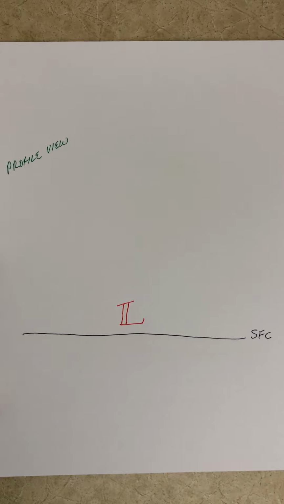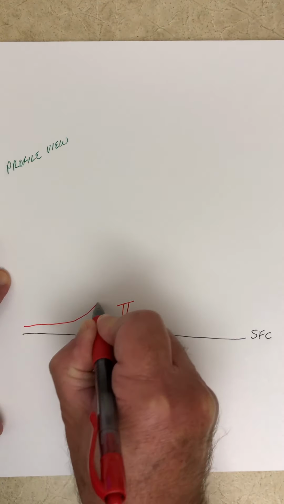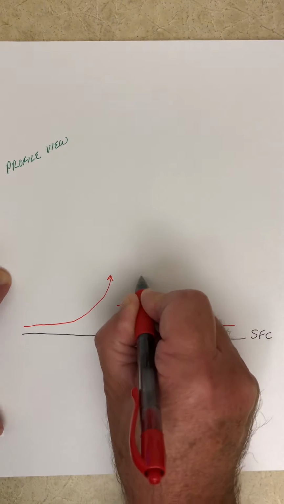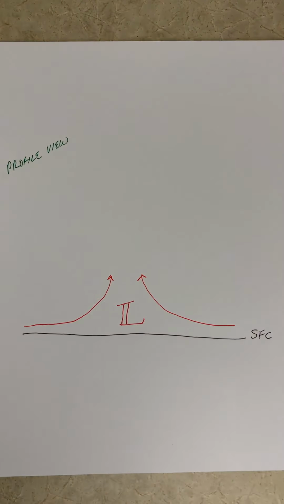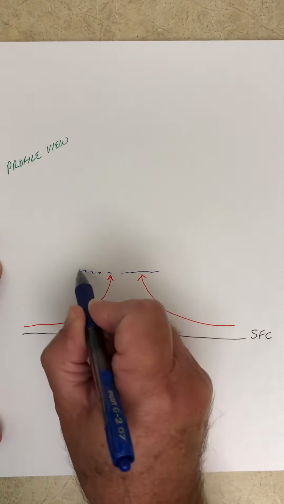But if you were able to see a big letter L representing a low pressure, what you would be viewing then is air flowing in towards this low pressure, and it would be rising. Remember that rising air is critical because it's carrying water vapor up into the atmosphere, and so typically this is where you're going to find the clouds.